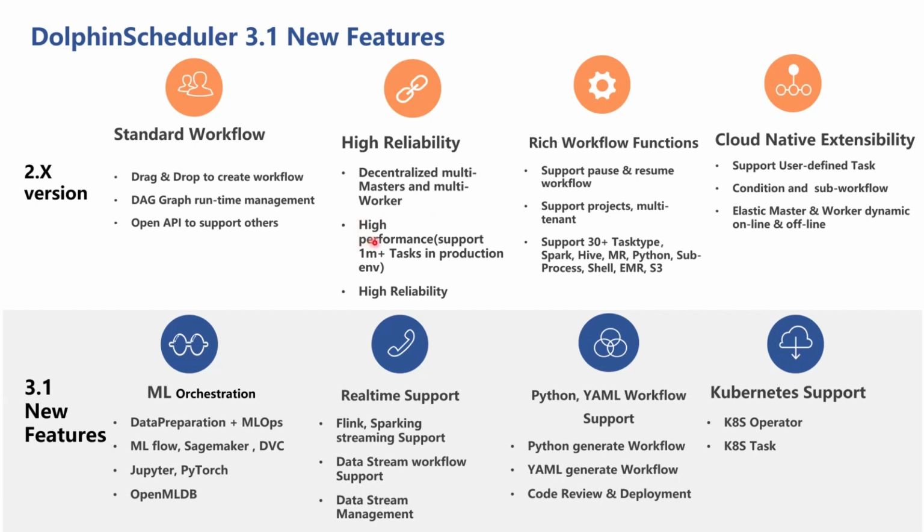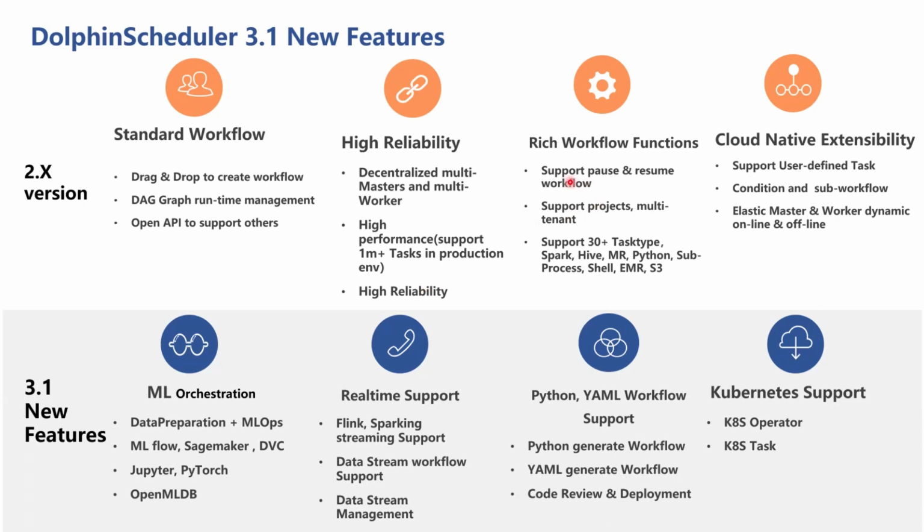One of the customers has over 1 million tasks in the production environment, because this tool can easily scale out and scale in. So you can add as many tasks as you need to support big data usage or machine learning usage. It's definitely highly reliable. If one worker or master goes down, you can recreate the task and the workflow on another node.